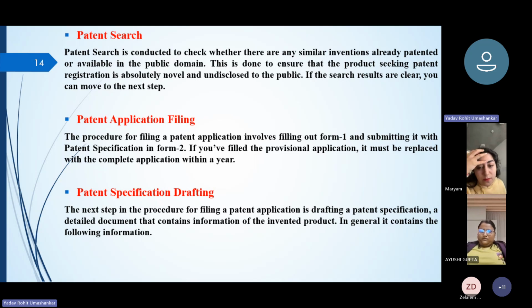So that should be totally novel. Because of the novelty, you need to go through a thorough patent search. Then once you get through that, you go for the patent application filing.